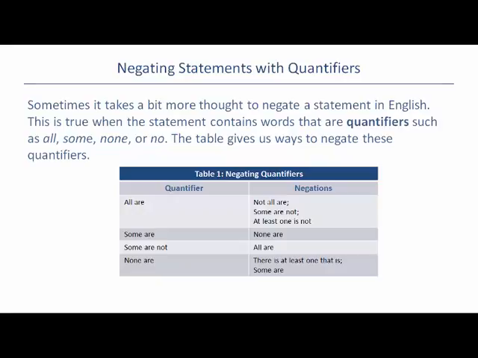And if all of them have a certain characteristic, then to make that no longer the case, you just need at least one of them to no longer have that quality, right? So when it starts off with "all are blank," the negation can either be "not all are blank," "some are not," or "at least one is not." You see how all three of those are the same thing.